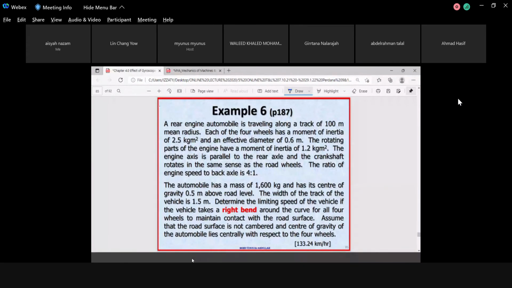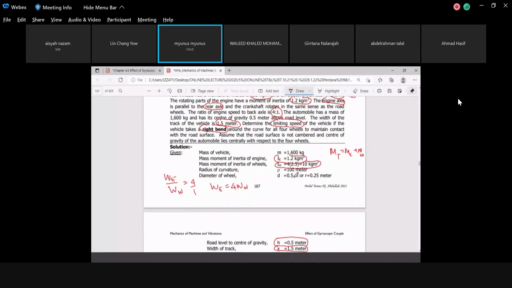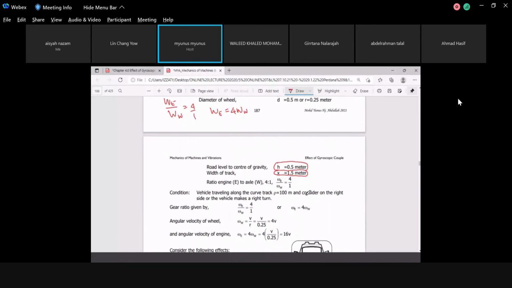Move to the solution just now. This is the engine ratio. This is not the gear ratio, because we studied the gear ratio. Remember, the gear ratio is equal to omega O by omega I, where omega O is the wheel and this one is omega N. So this is not the gear ratio of the entire gearbox.